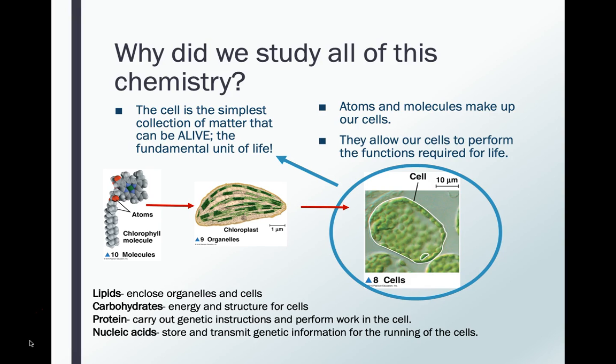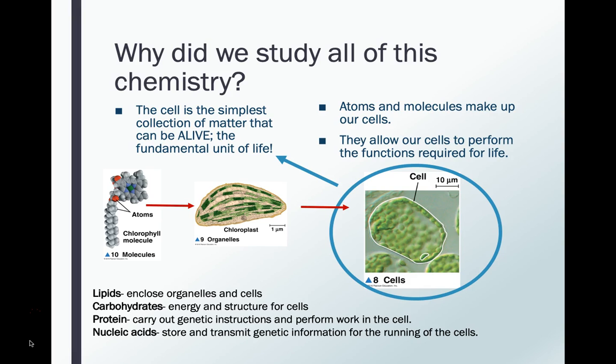Cells and organelles begin to function when you have molecules in a particular form, in a particular structure, and it is the cell that we are most worried about, because the cell is our smallest collection of matter that's considered alive. So it is the smallest unit that is considered living. And atoms and molecules make up those cells.